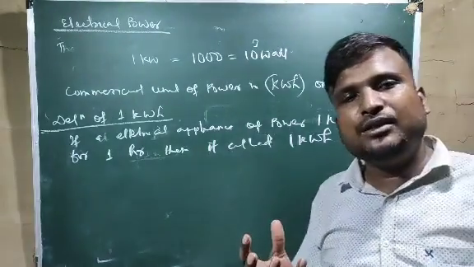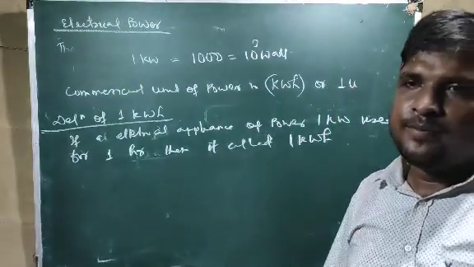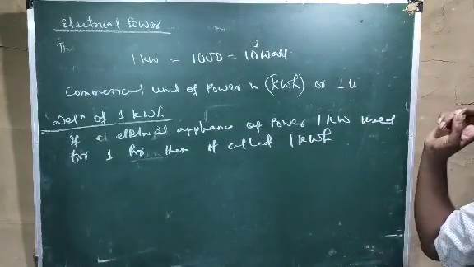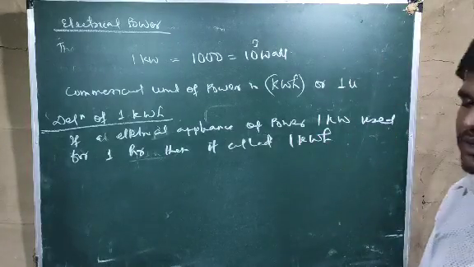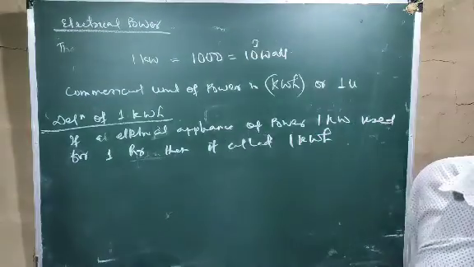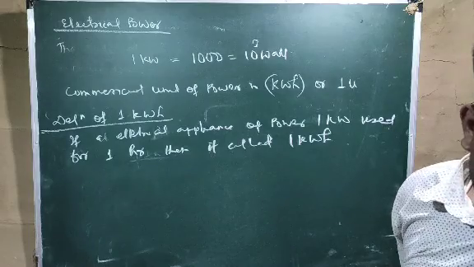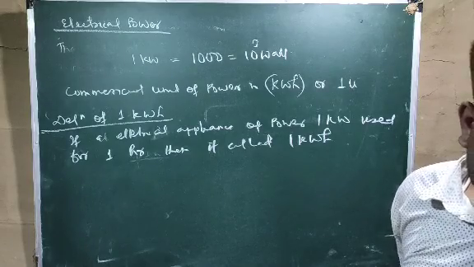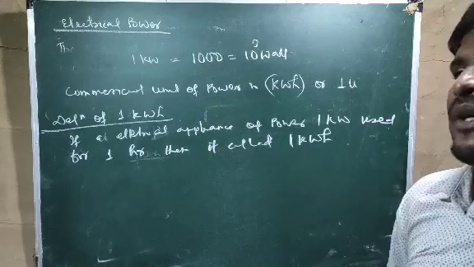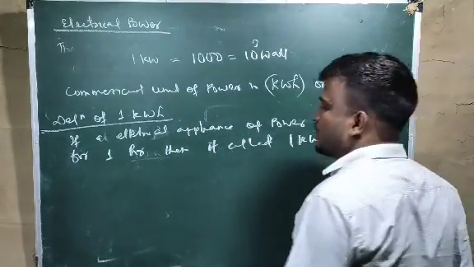If an electrical appliance whose power is 1 kilowatt is used for 1 hour, then the corresponding energy is called 1 kilowatt hour or 1 unit. Now let us convert 1 kilowatt hour into joule.